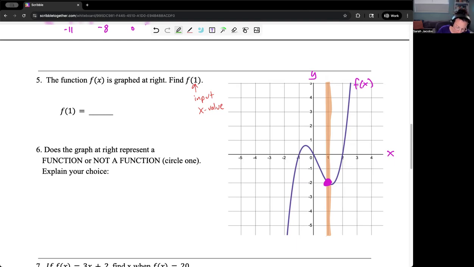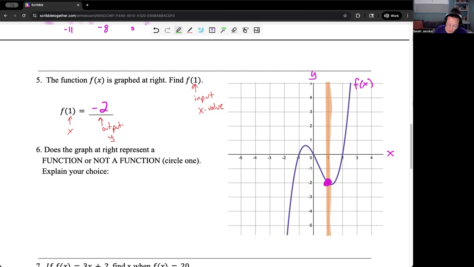So if this is my x value, my input, what I'm looking for now is my output, or my y value. So this is where x is equal to 1 on the function. And if I go to the left, this negative 2 is going to be my y value. It's going to be my output. And that's that.